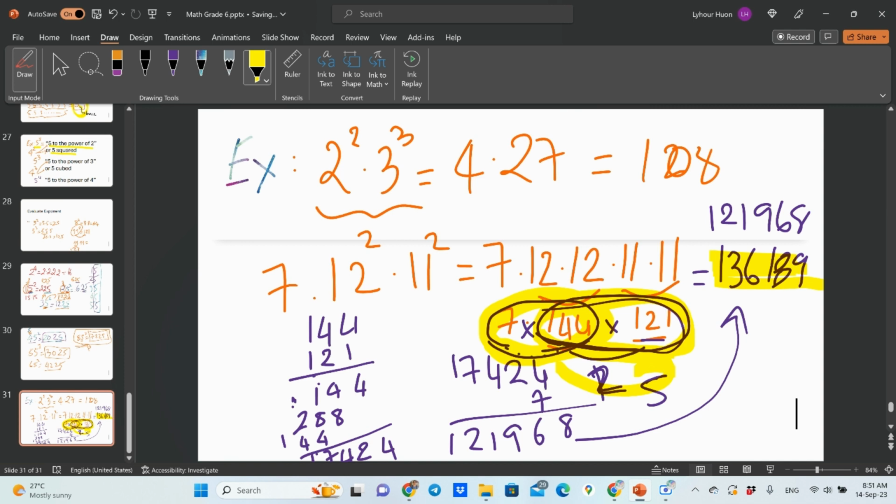Because the numbers involve 124, 124, there is not a big difference. But if the number is like 5 times 25 times 11, for example, what should we do first?